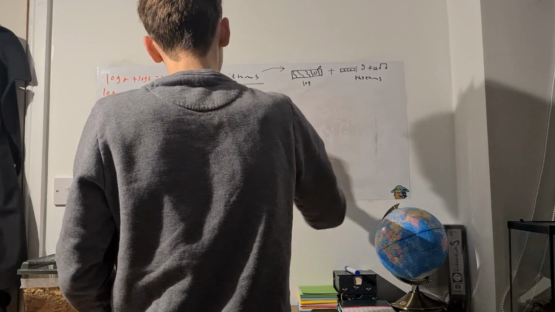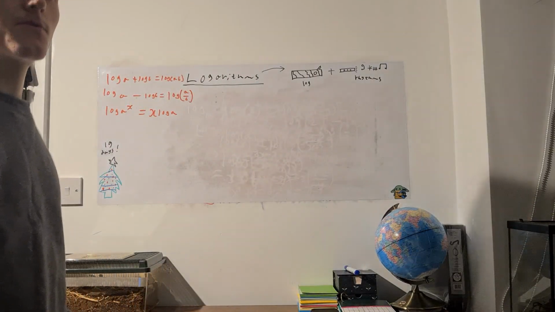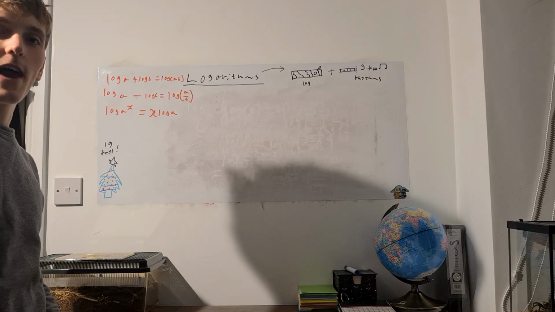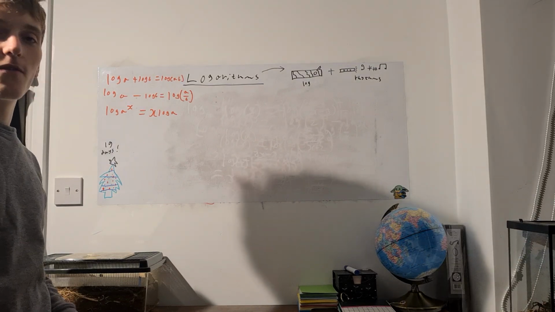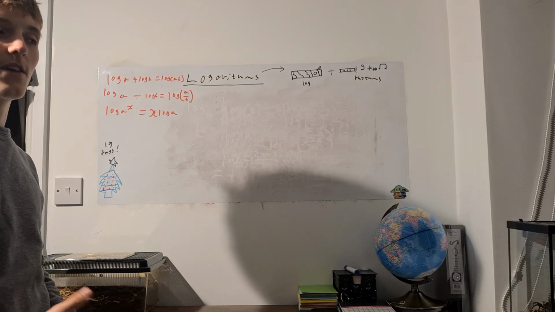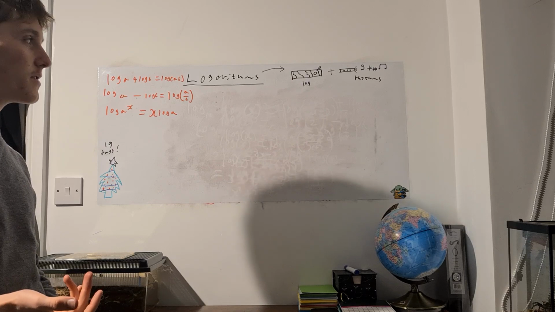But that is in summary logs. There's not much else to cover in this video without going over natural logs, and I don't want to make it too long. So I'll probably do another video covering natural logs, which make it even more fun because they involve e, the exponent.